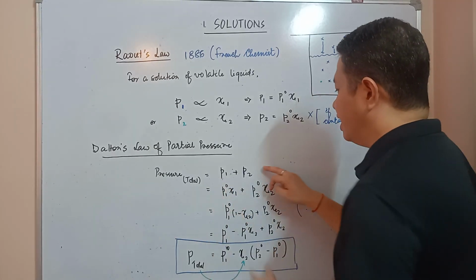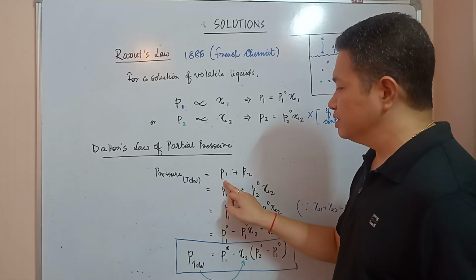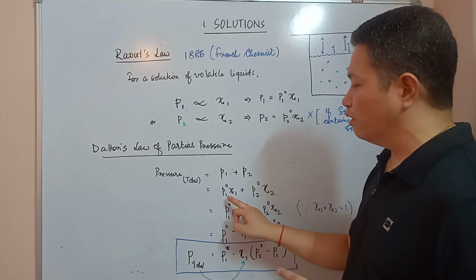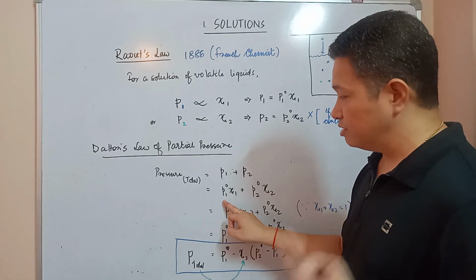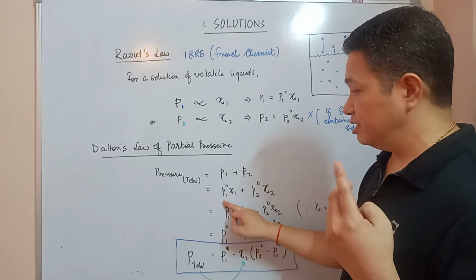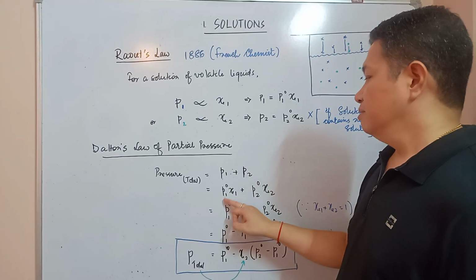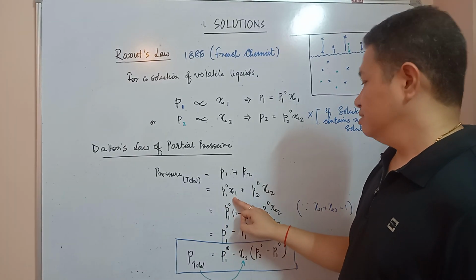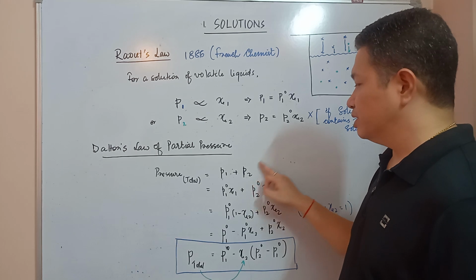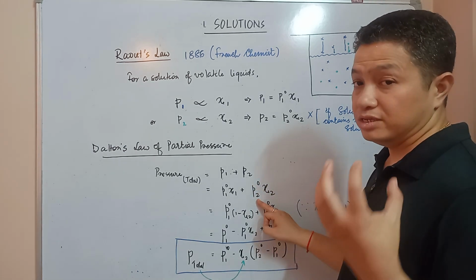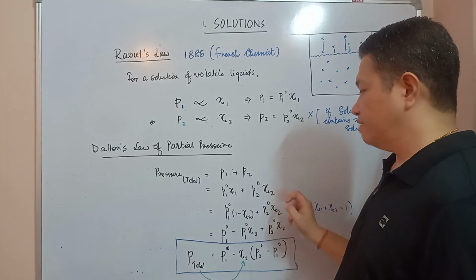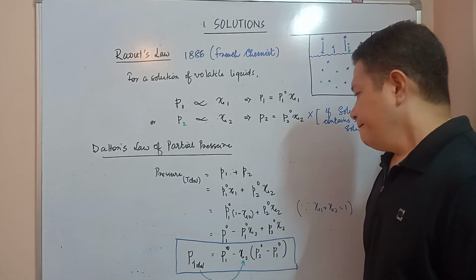So if we apply Raoult's law over here, what is partial pressure? It is again the product of the vapor pressure of the first component when it is alone, when it is pure, multiplied by the mole fraction. Similarly, the partial pressure of the second component equals the vapor pressure of that component in its pure form, multiplied by its mole fraction, right?